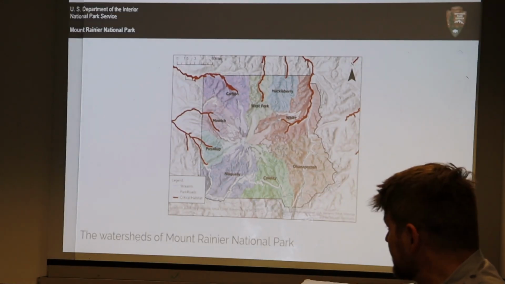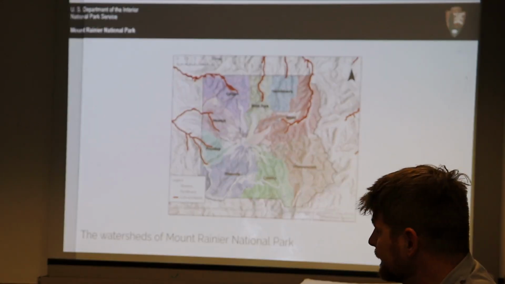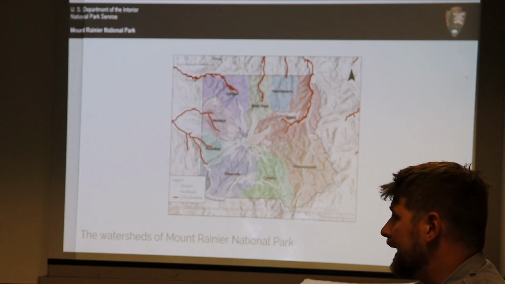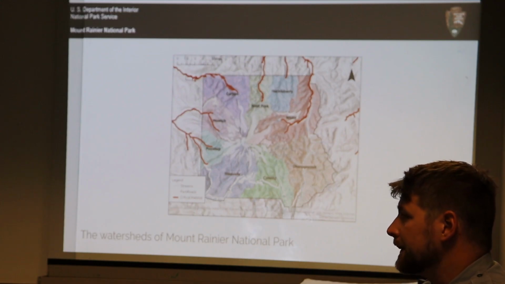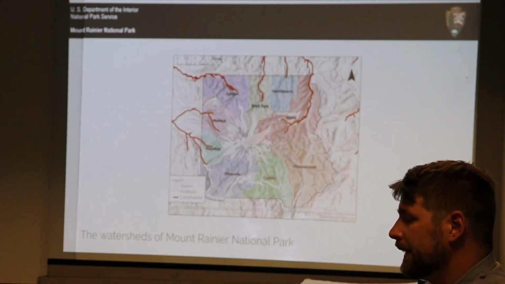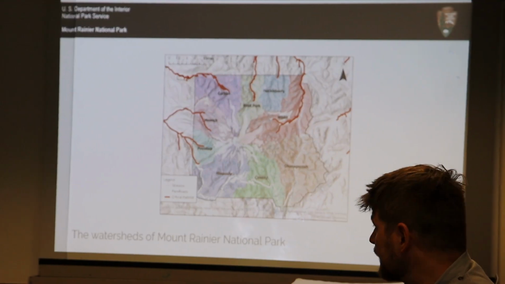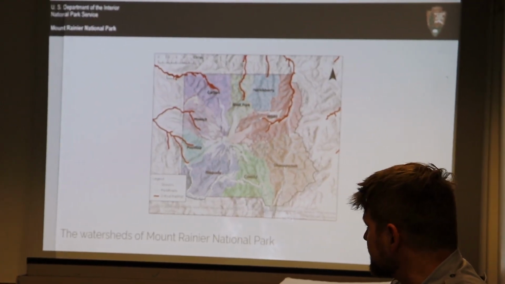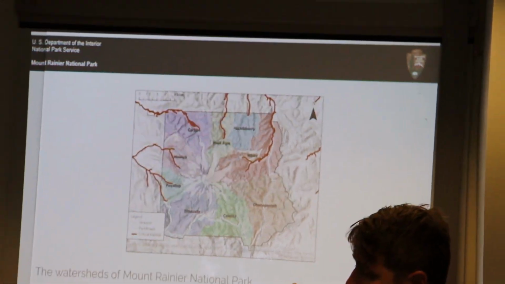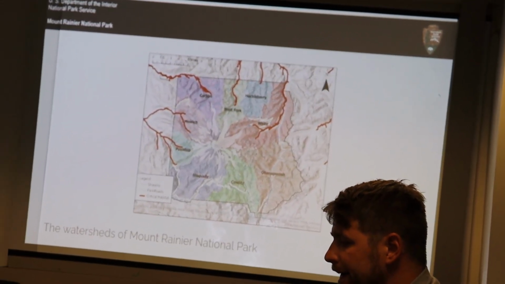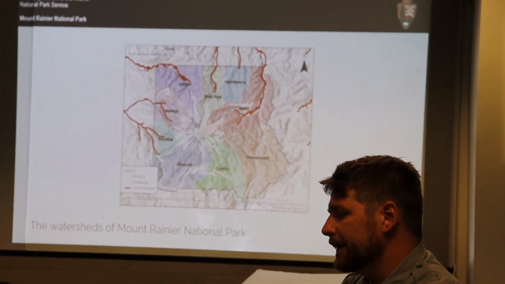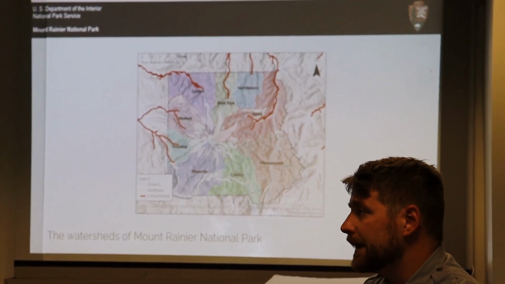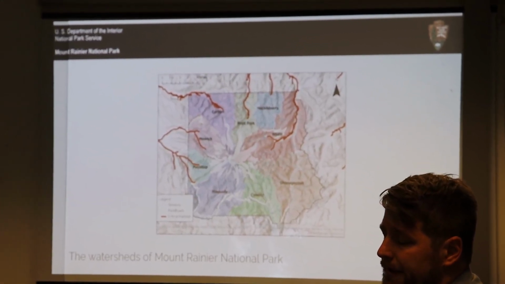A lot of the drainages are glacier fed, so that provides a constant cold, well, not clear, but cold influence in a lot of our water systems within the park. And just note that we're at the very top of the drainages, so biologically speaking, there's not as much input going into these systems.